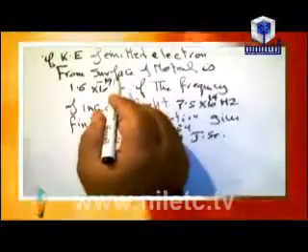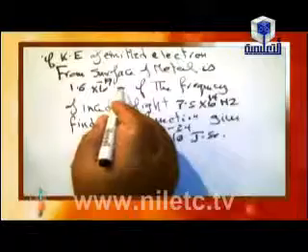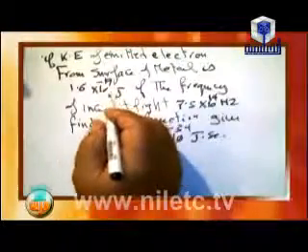We know that when light falls on the surface of a metal, we find that electrons are emitted. So the frequency of this light must be greater than the critical frequency.